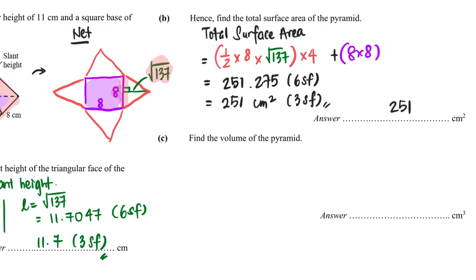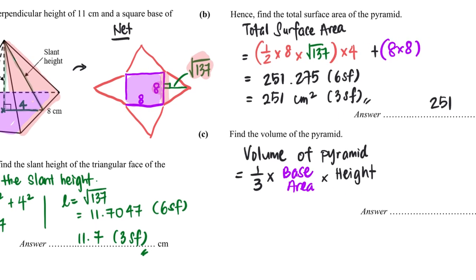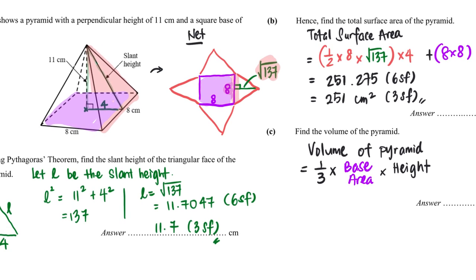Well, for the volume of the pyramid, the formula goes by 1/3 times the base area times the height of the pyramid. And if I go back to the question, they do give me the height of the pyramid, 11.